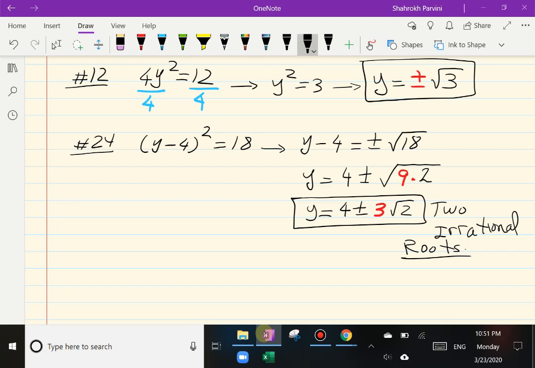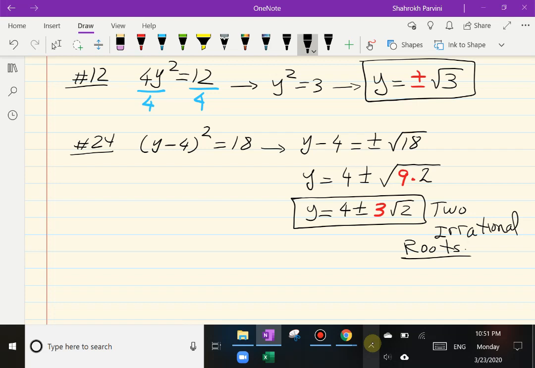We look at the types of solutions in section 3. Okay, so there you have it. Those are the exercises on that page which involve the principle of square roots.